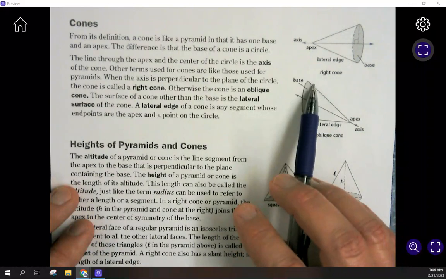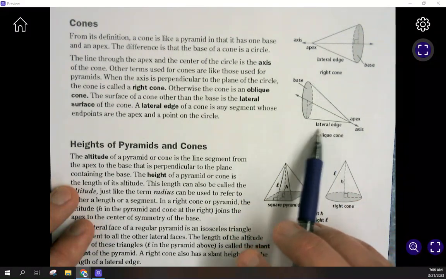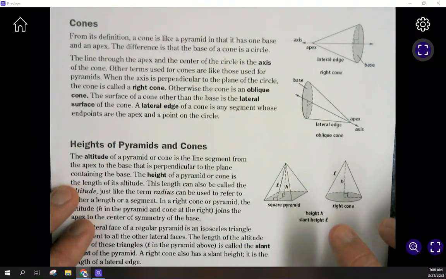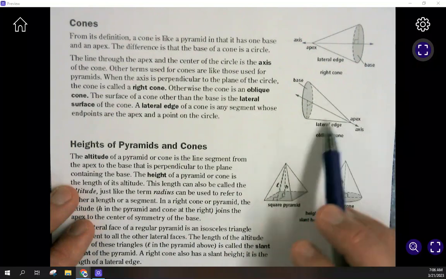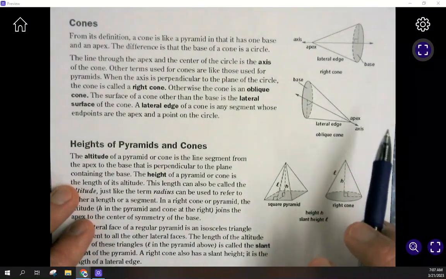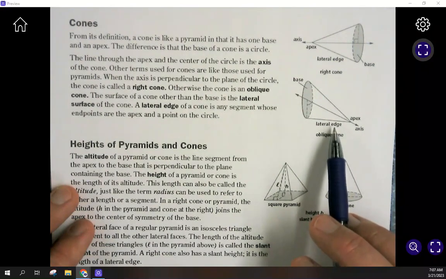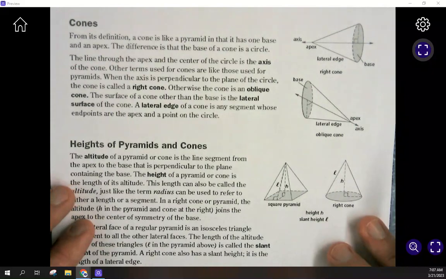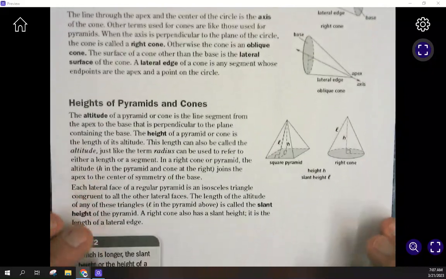That straight line that we would see from a side view would be called our lateral edge. And sometimes we're going to need that measurement, so we will have to refer to that as the lateral edge. So the entire outside is the lateral surface, where you would hold if this was an ice cream cone. And then the lateral edge, again, is just the side view. It's not something that you could feel with your finger.